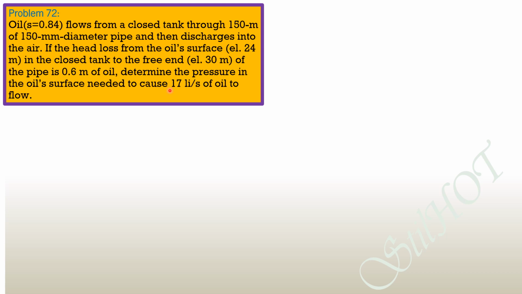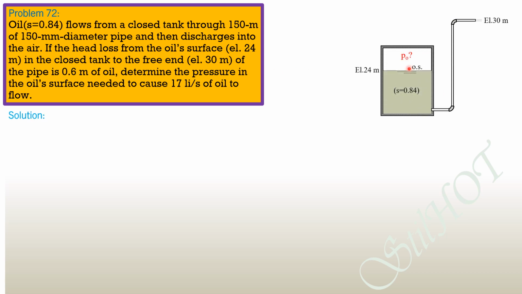So to help analyze the situation, let's have the figure and put the details in the diagram. So we have a closed tank filled with oil. The oil surface is at elevation 24, as mentioned here, specific gravity 0.84, and we have a pipe and it discharges freely into the air.